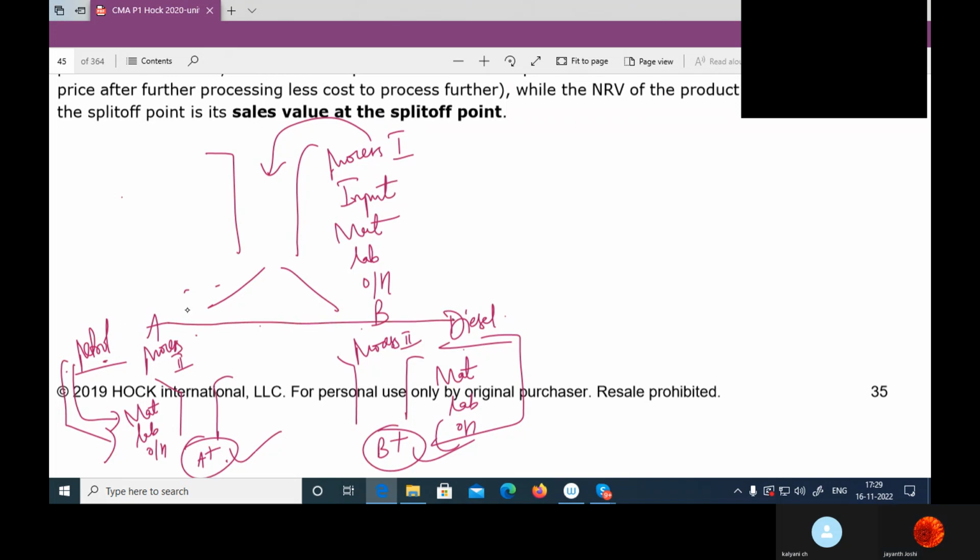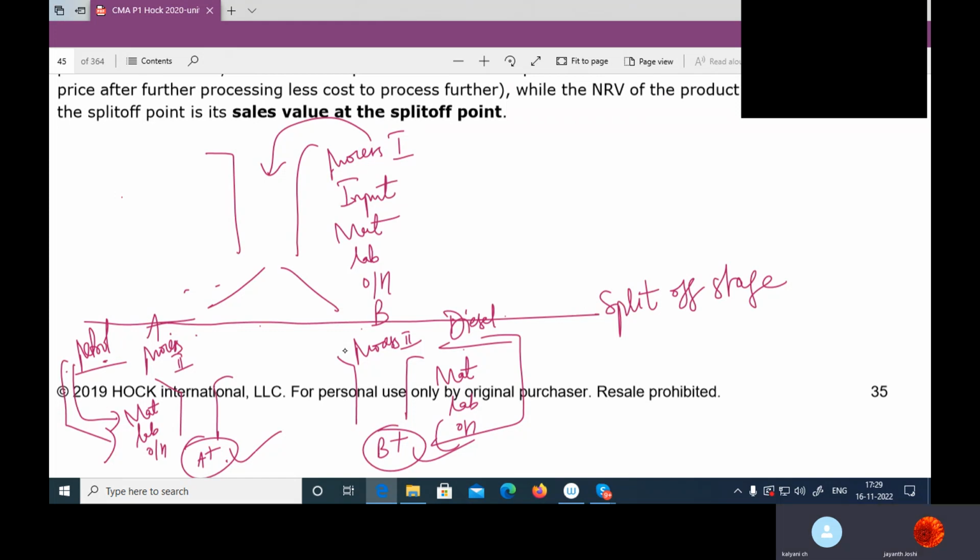What is that? Joint cost. So till here, this level is called split off stage, or split off point. Split off stage is nothing but where one product we used has got processed and has split into two different products. Am I right?